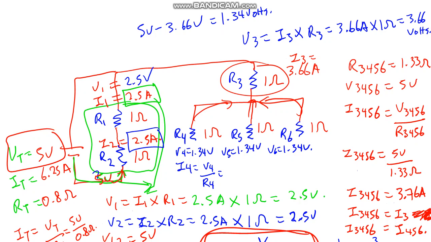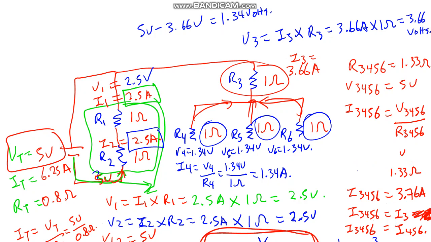So V4 is the 1.34 volts, and R4 was 1 ohm. So therefore, I4 is 1.34 amps. And I5 and I6 will be the same because they all have the same resistance. So it's going to be exactly the same as I4.